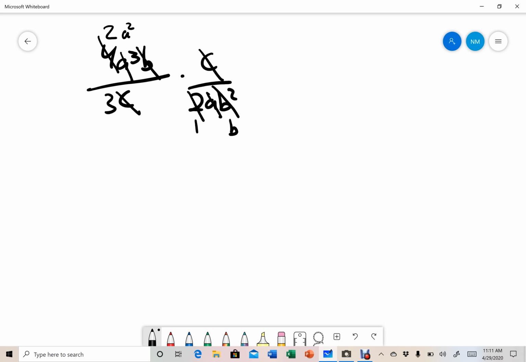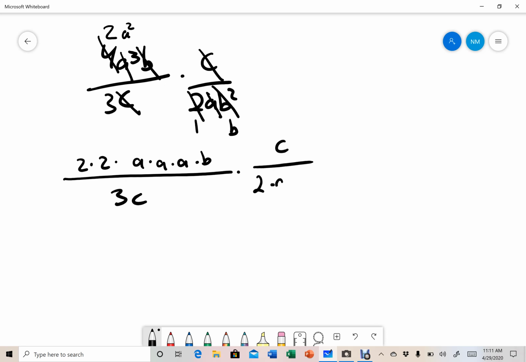So if it helps you to write these out, in other words, instead of 4, I could write this out as 2 times 2 times a times a times a times b over 3c times c over 2 times a times b times b.